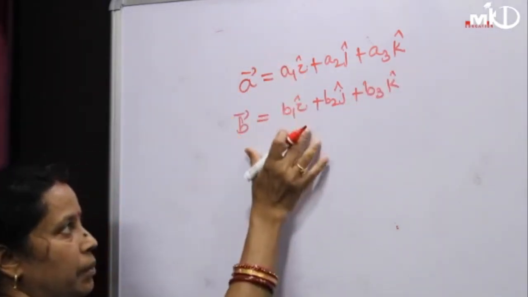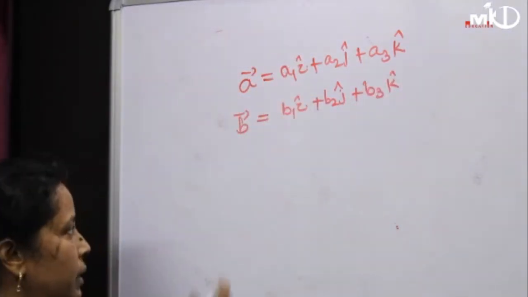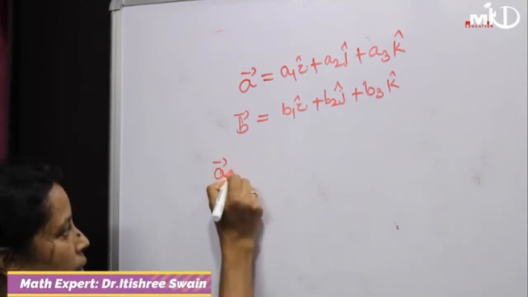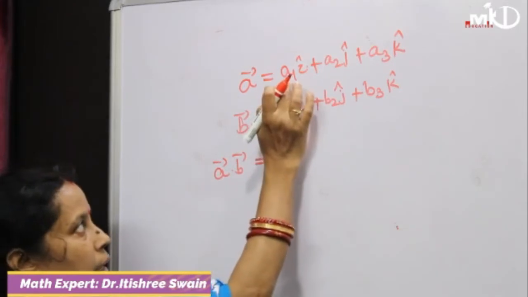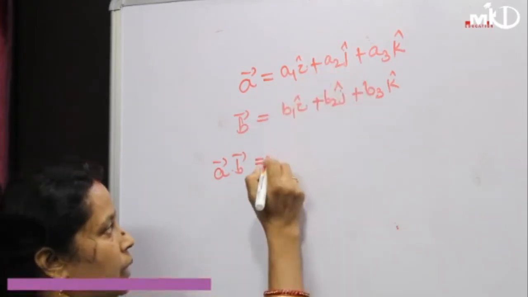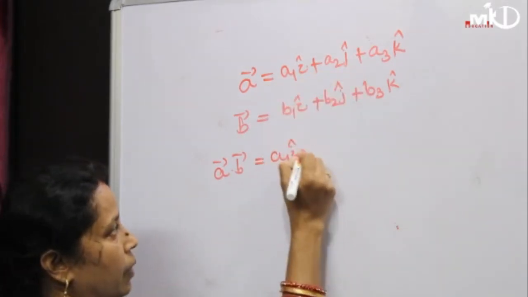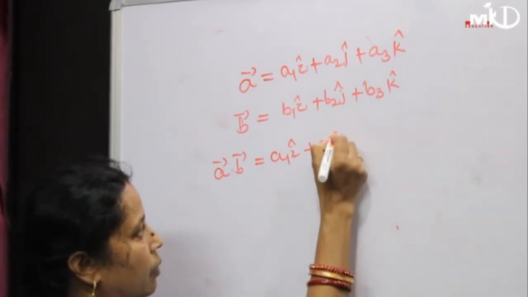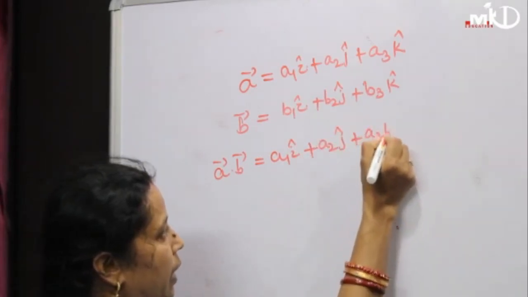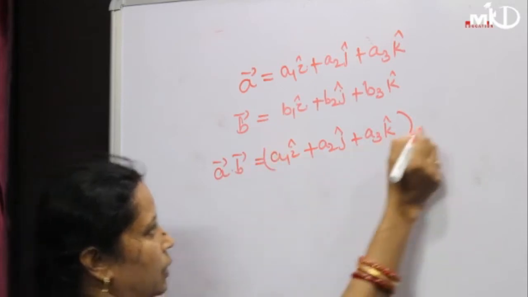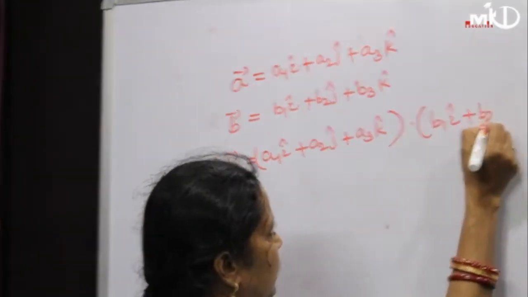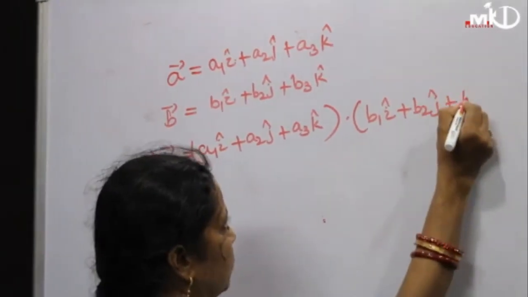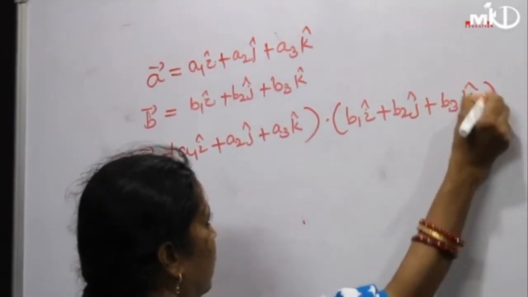If we express the vectors in components, then what is the dot product? That is a bar dot b bar, which is a1 i cap plus a2 j cap plus a3 k cap dot b1 i cap plus b2 j cap plus b3 k cap.